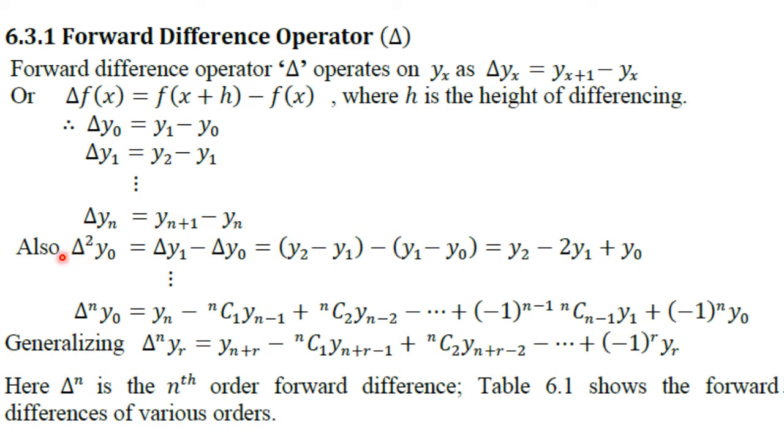And now students, if you apply the second forward difference operator, then you write del square y naught is equal to, students, so actually del square is equal to del into del.